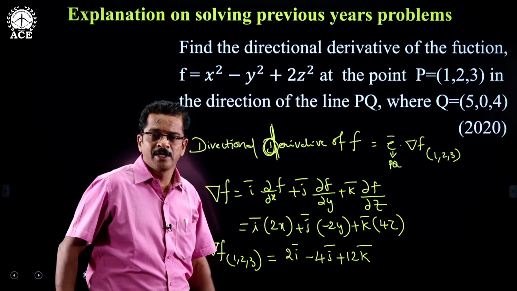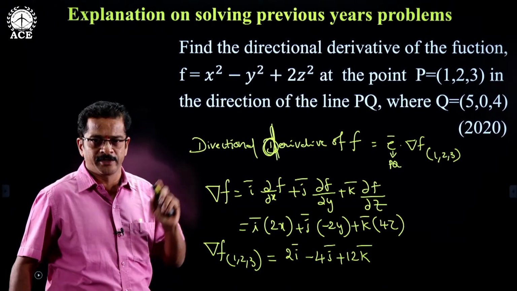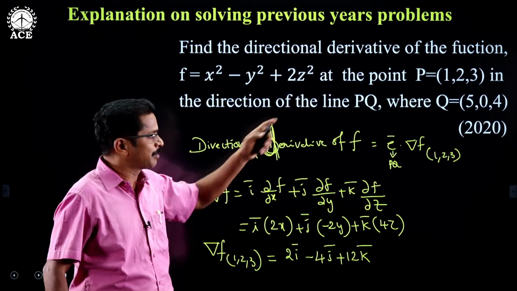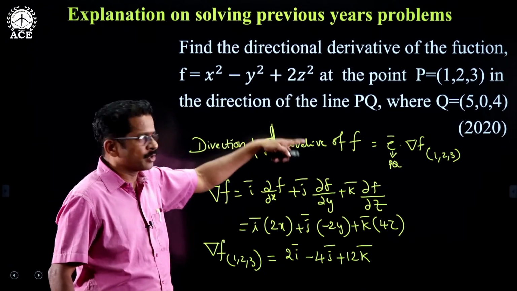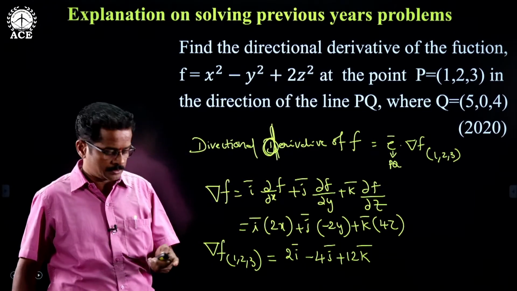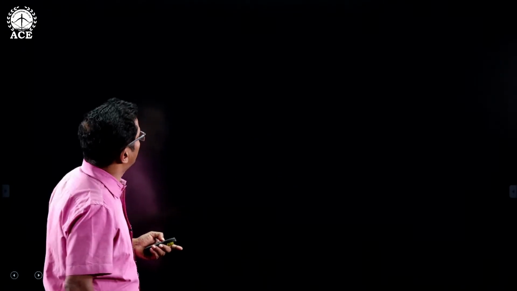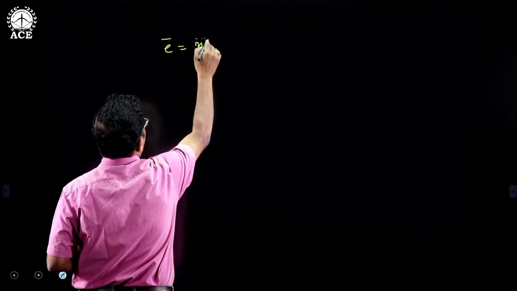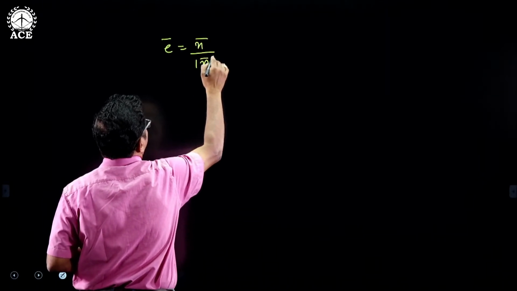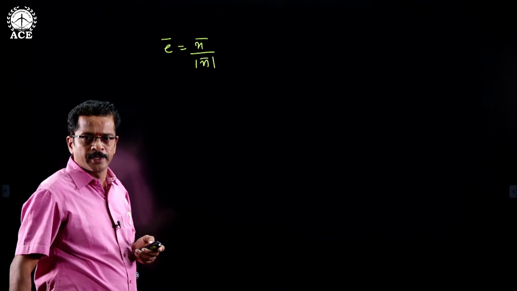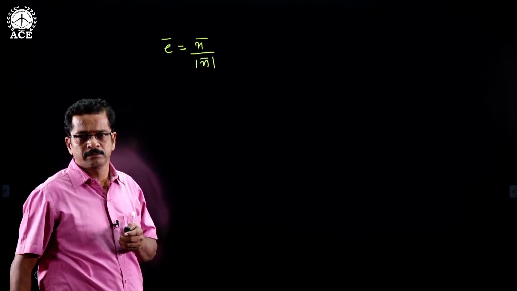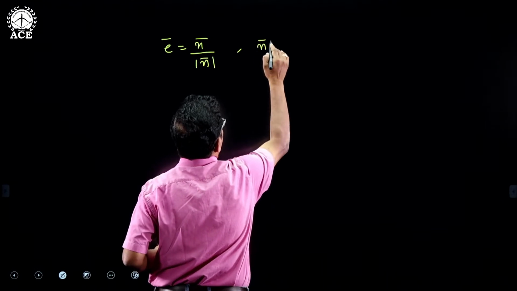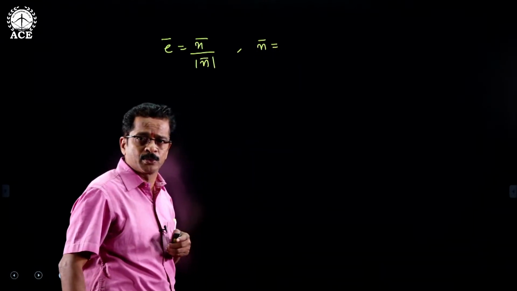Now I have to evaluate in the direction vector. In which direction are we going to evaluate? Along the line PQ. So along the line PQ I have to evaluate the unit vector, that is E bar equals n bar by mod n bar, where n bar is the vector evaluated along the line PQ.